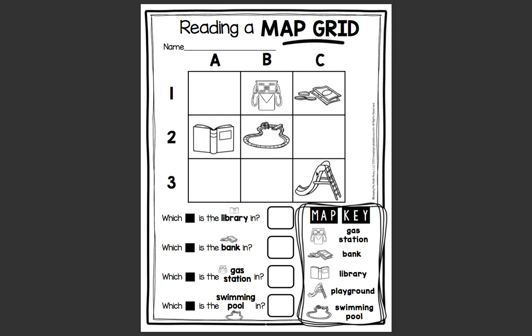And it also has a slide here for the playground. It only asks you for what square is the library in, what square is the bank in, what square is the gas station in, what square is the swimming pool in. But you can also figure out what square the slide is in for the playground.